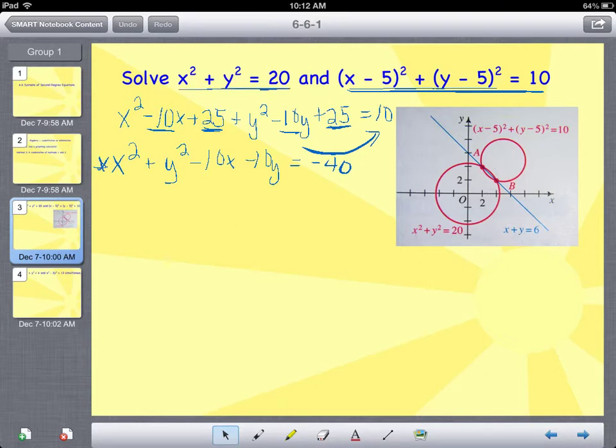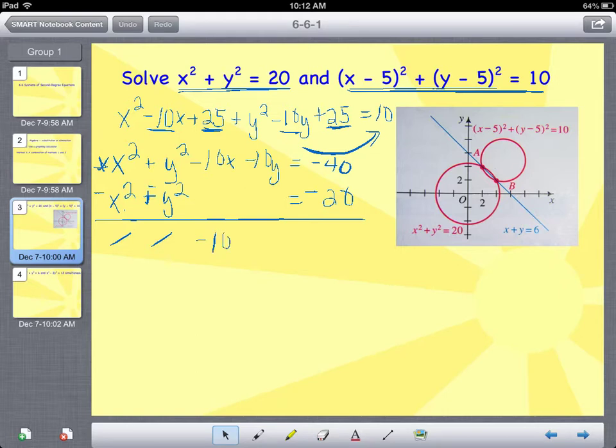Okay, so what I'm going to do then is eliminate. I will subtract the x squared plus y squared equals 20, the first circle equation, from the second. Now remember, if I'm subtracting, go ahead and change the sign on all of your terms. So x squared minus x squared is nothing, y squared minus y squared is nothing.